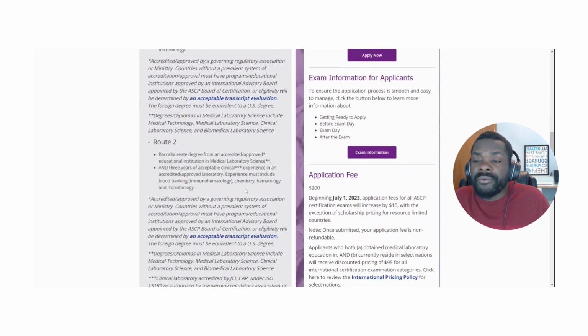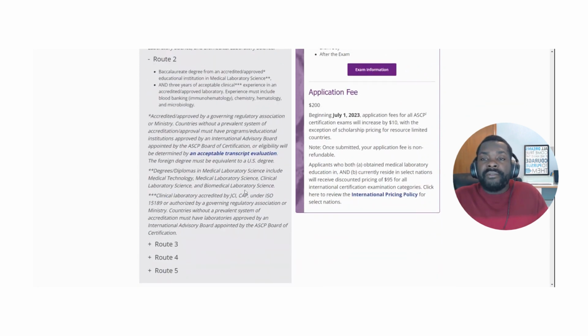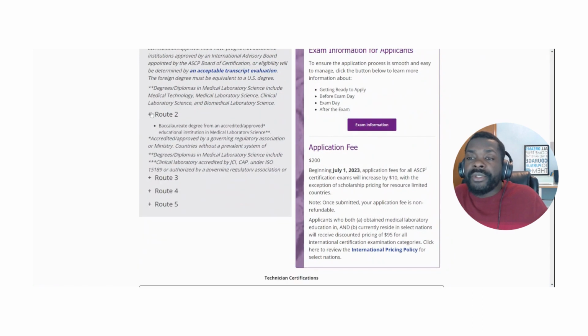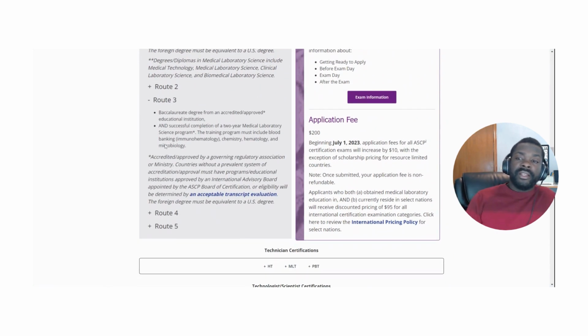Now let's look at Route 2 real quick. Here it should have a bachelor's degree from an accredited institution and 3 years of acceptable clinical experience in an approved lab. And that experience must be in blood banking, chemistry, hematology, and microbiology. And there is some information here that you can read about Route 2. Now we're going to go to Route 3.